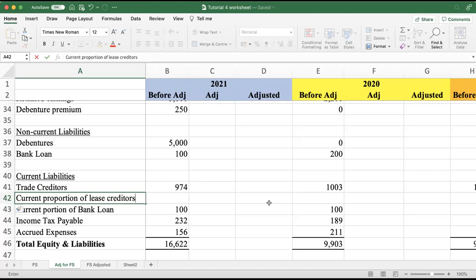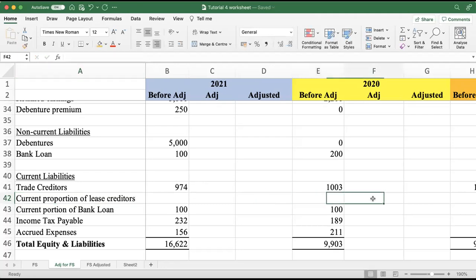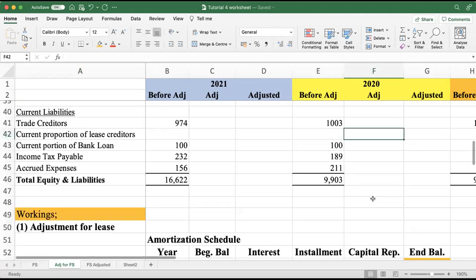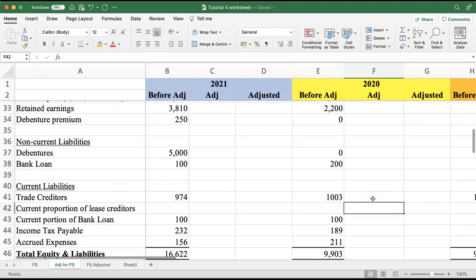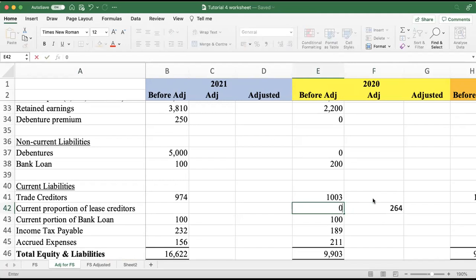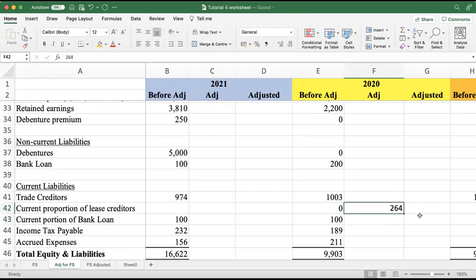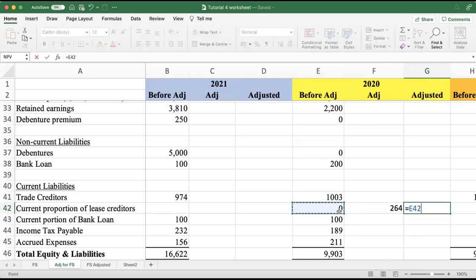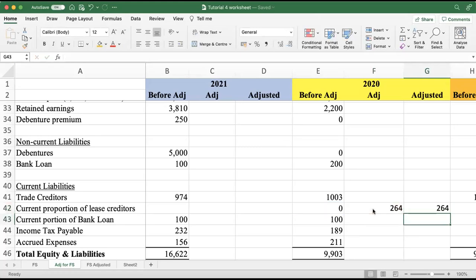Current proportion of lease creditors 2020, 264. Amount before adjustment 0, then adjustment 264, then adjusted value 264.